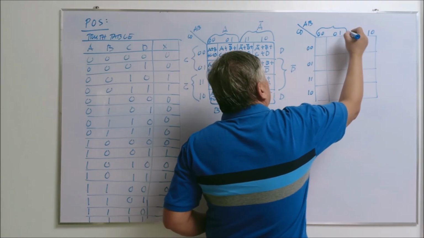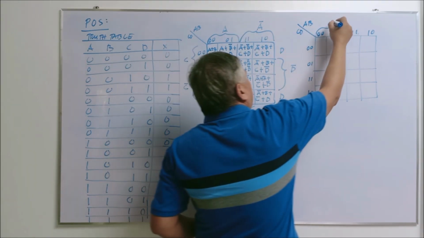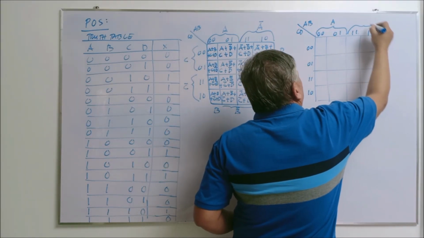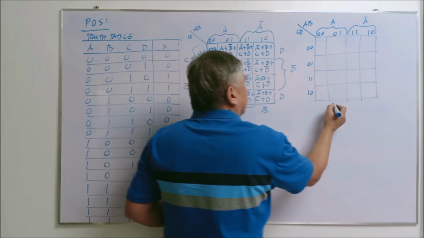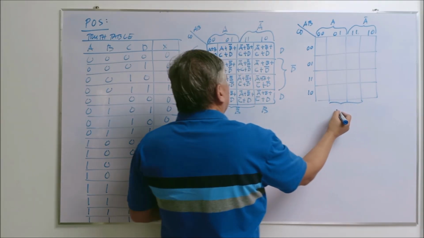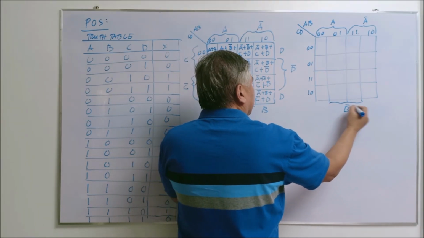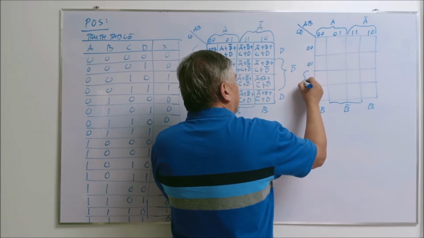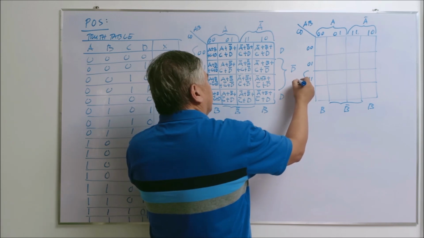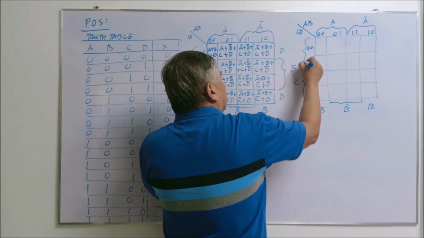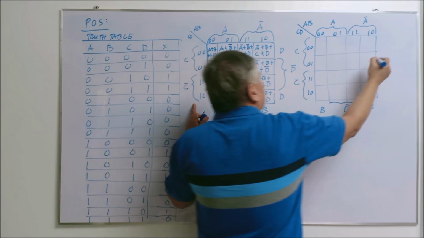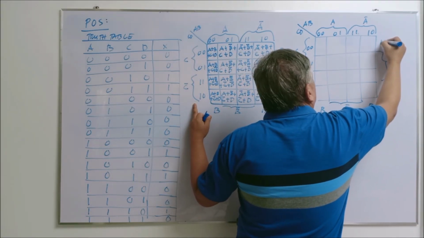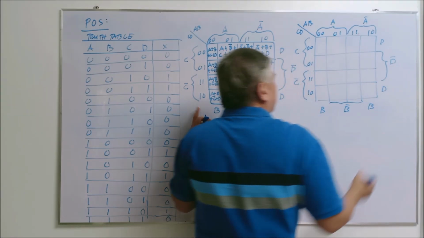Again, this belongs to A, this one here belongs to A bar, and this one here belongs to B bar. Here, B, B. Then this one here belongs to C bar, and then C. And then here, this is D bar, D, and D.